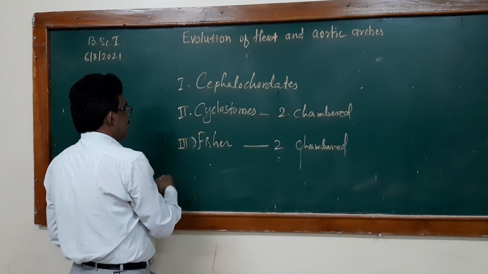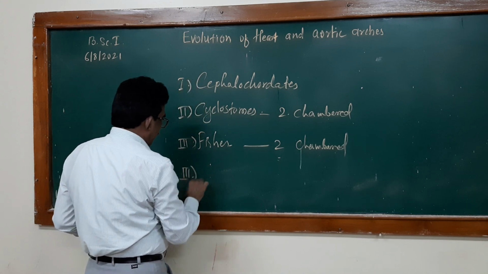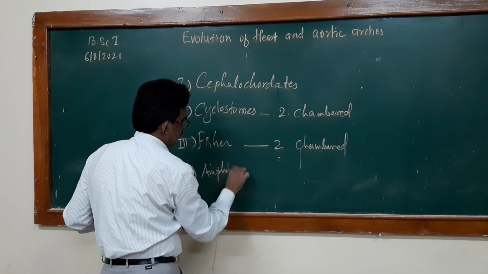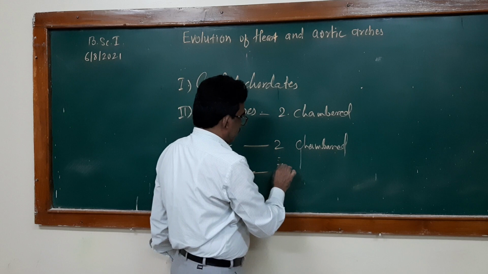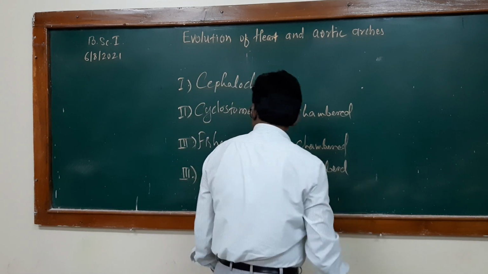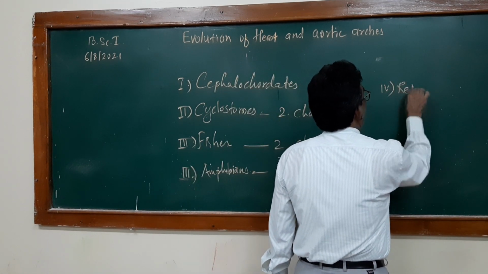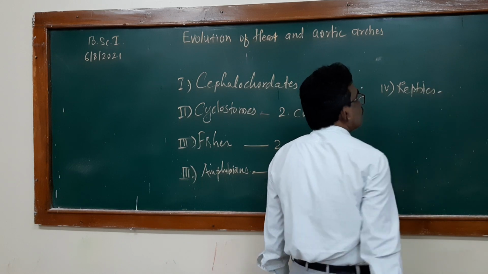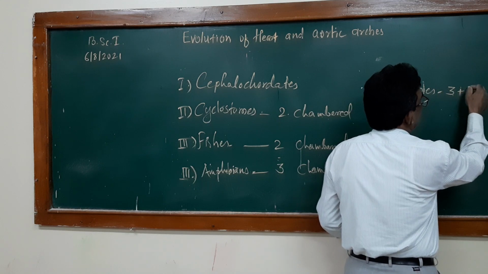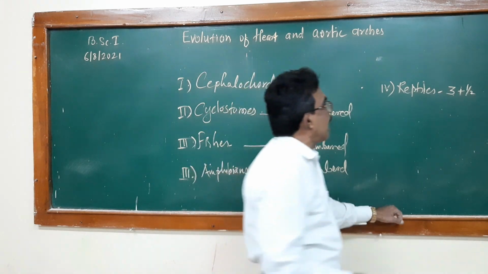Then third, that is amphibians, so there will be the three-chambered heart. Then fourth, that is reptiles. There will be three chambers, but the fourth is undeveloped, though the heart works as a four-chambered heart.